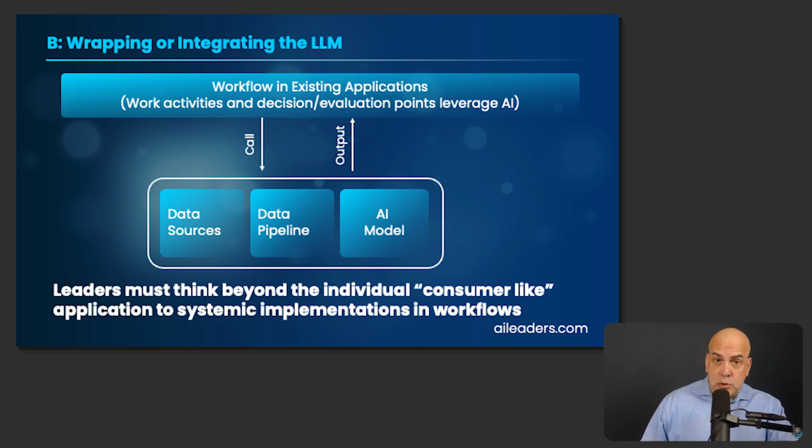It may be a sales-oriented application, enterprise resource planning, maintenance-oriented, human capital, etc. But I've got a big application. And models are presented to that application to hit certain decision points or to guide certain processing activities. And when that happens, normally, the software is calling the model, and that model has been set up such that it has certain data sources, there's a data pipeline, the model processes those inputs, and it sends an output back to the larger application in the context of the workflow.